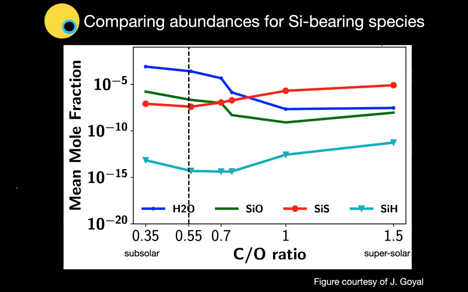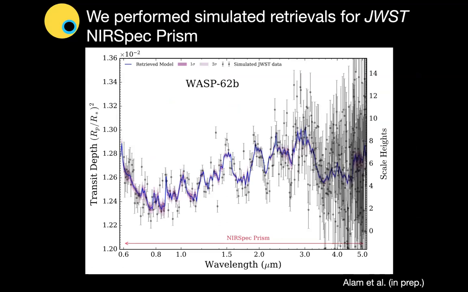And then to quantitatively assess how well we could possibly detect a silicon-bearing species with JWST, we performed some simulated retrieval exercises for different JWST instrument modes. And here's an example of our simulated retrievals for NIRSpec Prism mode. In order to run these simulated retrievals, we generated a high-resolution transmission spectrum model that is consistent with the HST retrieval results.